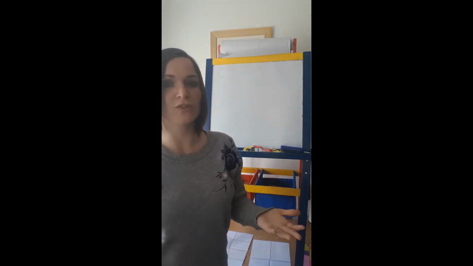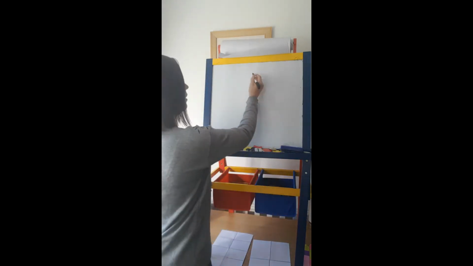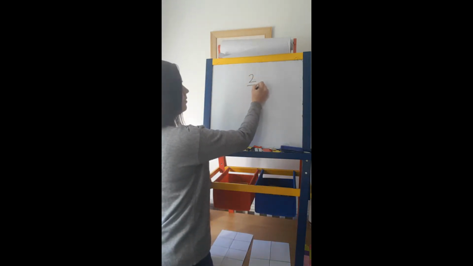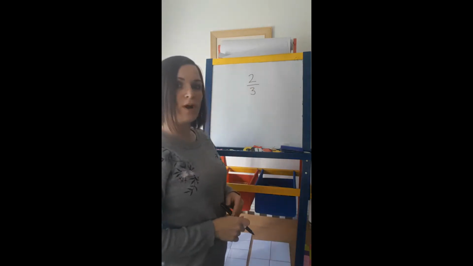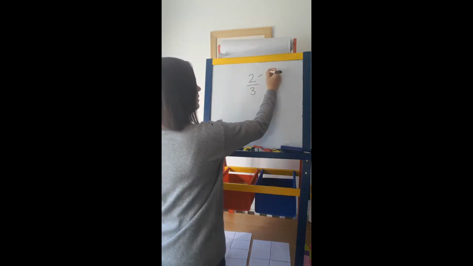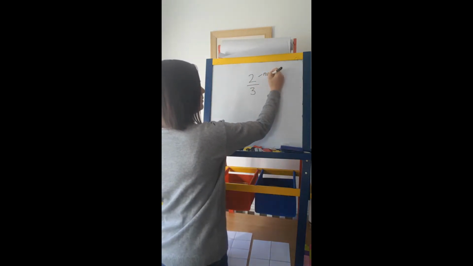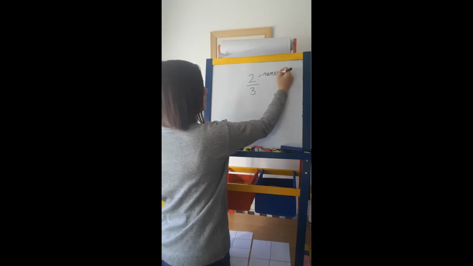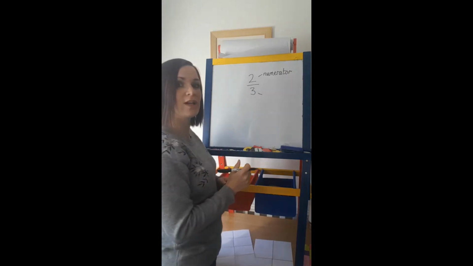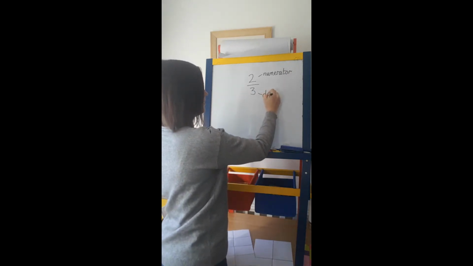So when you have a fraction, something like just even 2/3, the top part of the fraction is called your numerator. And the bottom part of your fraction is your denominator.